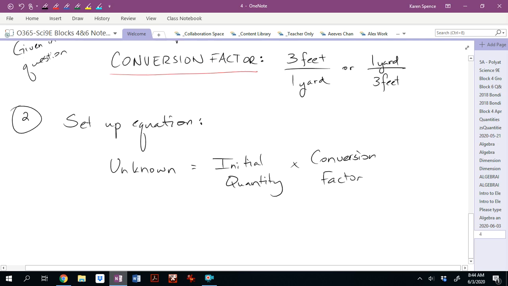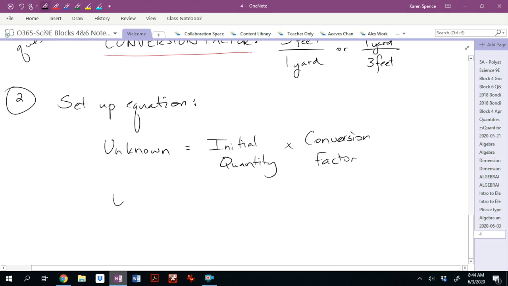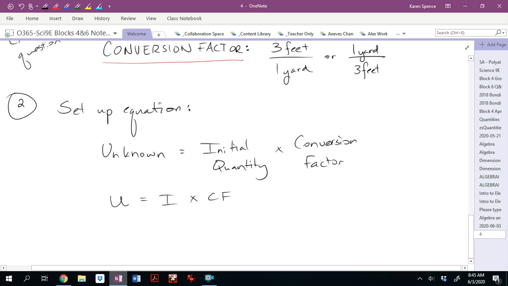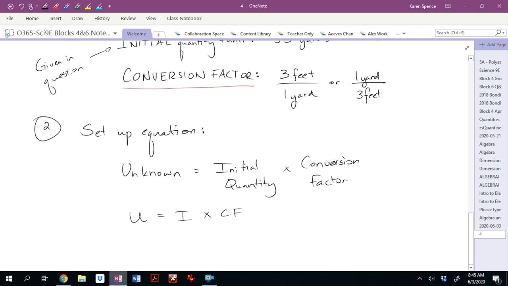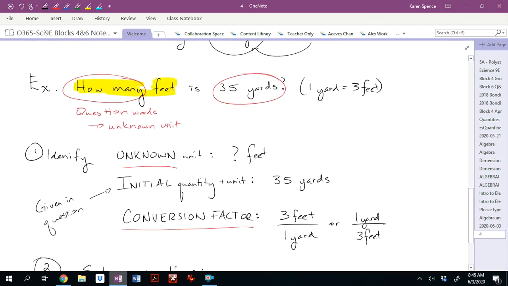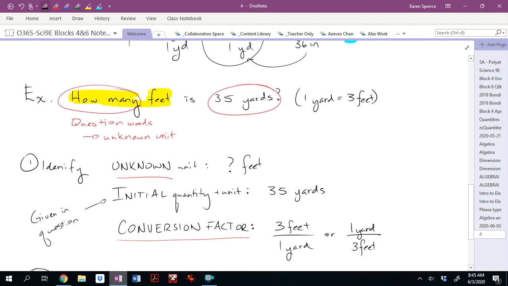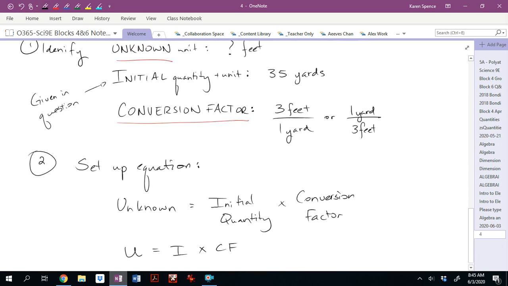And of course, because I'm lazy, I am going to abbreviate that as the unknown is equal to the initial quantity times the conversion factor. So let's take a look at our information in this question. What was our unknown? Our unknown was how many, and we know it's our unknown because it's got those question words, how many feet?